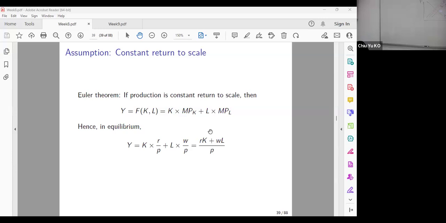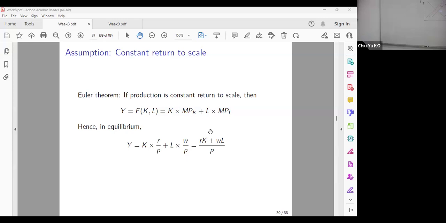The reason I want to do that is because I have proved that the marginal product of capital is the rental rate over price, and the marginal product of labor is the wage over price.